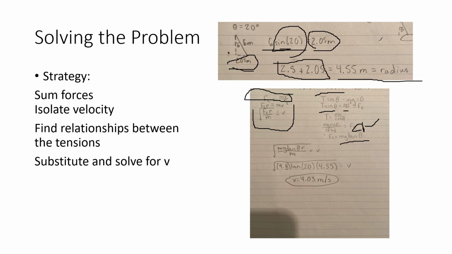Then we can plug it into the equation before, and all of a sudden we have enough information and know the numerical values for all of the variables. The m's cancel, because we do not know m, which works out perfectly. Plugging in some numbers, like 9.8 for gravity, 20 for the degrees, and 4.55 as solved above, we get a velocity of 4.03 meters per second.